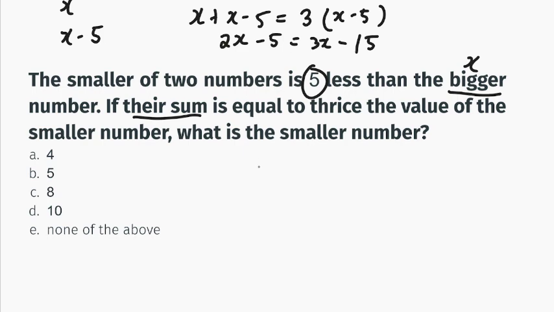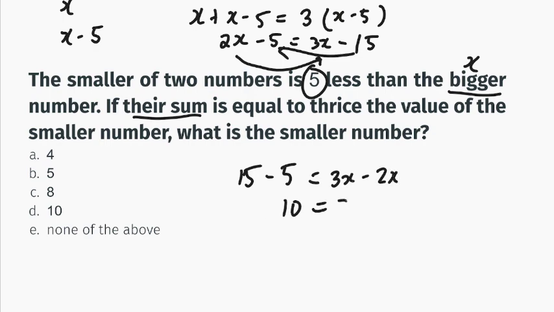And solving this, we have by transposing, 15 minus 5 is equal to 3x minus 2x. Then we get that 10 is equal to x, but we want the smaller number. This is the bigger number, so x minus 5, which is the smaller number, is equal to 5. So the smaller number is 5, letter B.